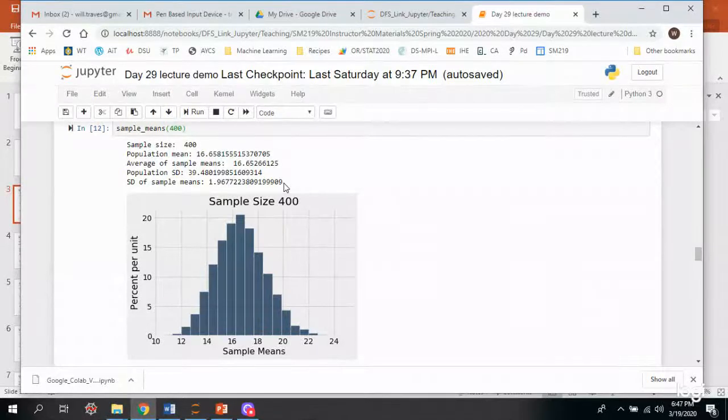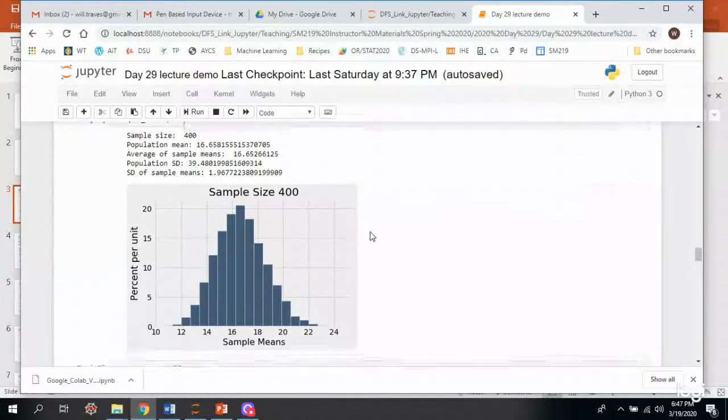And when we compare 2 against 40, we see that the standard deviation of the sample means is about 1/20th of the size of the population standard deviation. And 1/20th is related to this 400 as well.